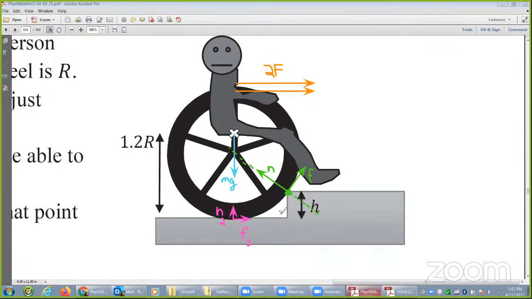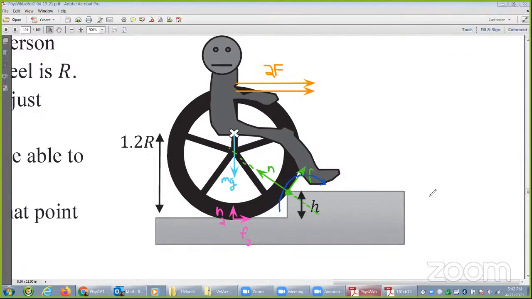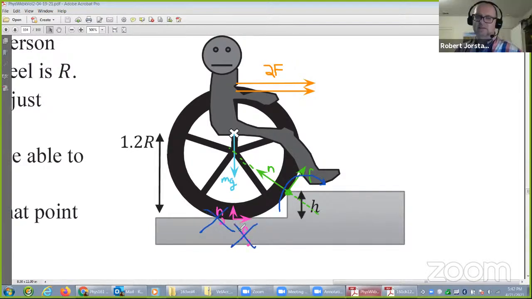Barely lift off. What does that tell you? The pink forces are to be crossed out. Yes. These are negligible because this is to lift off. You're no longer touching the bottom. That normal force goes to 0. Got it?